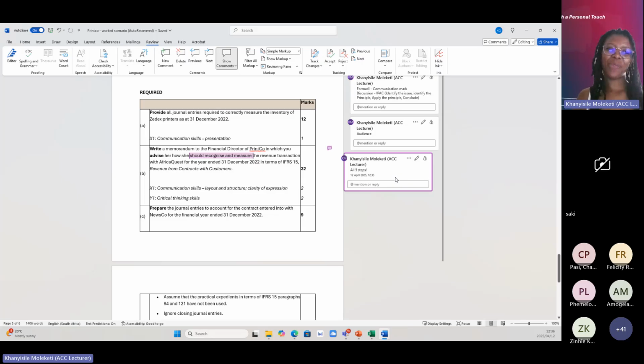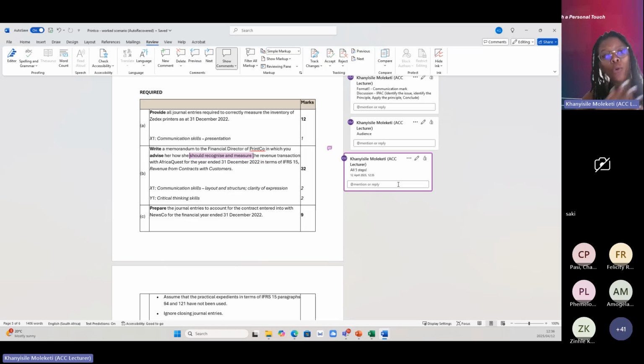One of the critical things with revenue is if they tell you to recognize, generally, that means 1 to 5. But like we said before, you can't do 5 without 3 and 4. So there will be something where they'll probably say with calculations, because those calculations will require that you actually determine the transaction price and allocate the transaction price. But because the focus of the question was recognize, don't spend too much time discussing the measurement.